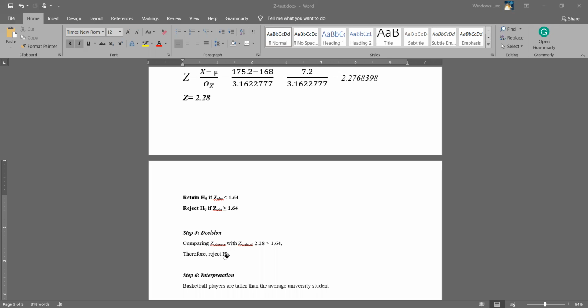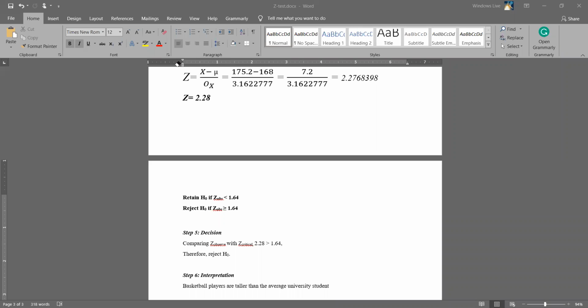If you've made a decision to reject H0, then you have no other option than to select H1, because the rule of thumb is that under interpretation, you select one of the hypotheses. Since you rejected H0, you select the other hypothesis, H1. So under interpretation, you state the H1 hypothesis.